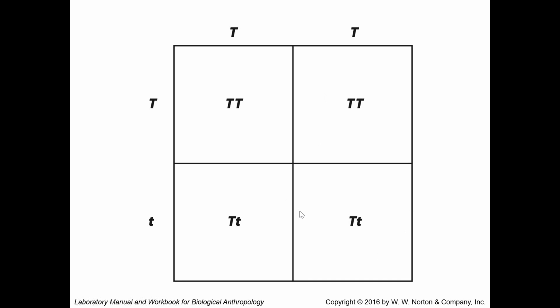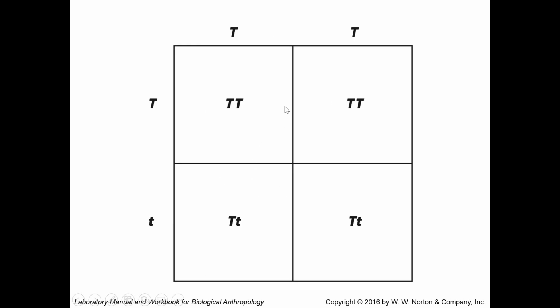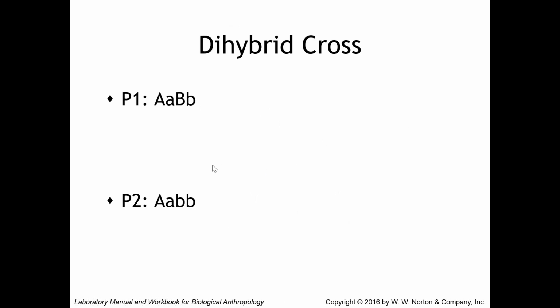Right? Next, we're going to look at a dihybrid cross. With the dihybrid cross, we are doing the exact same thing, except we are tracking two traits. Initially, we were tracking just A, and we would only look at that, and that's why we have a 2x2 square for our Punnett square. Now we're tracking two traits at the same time.